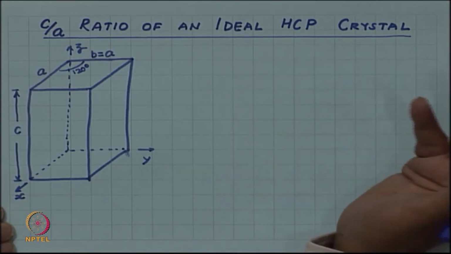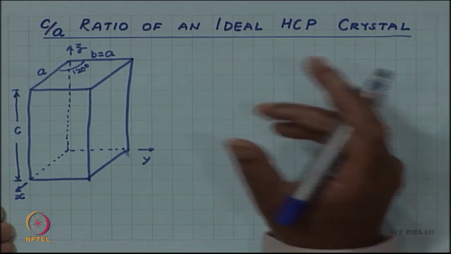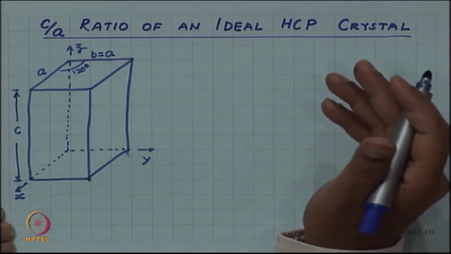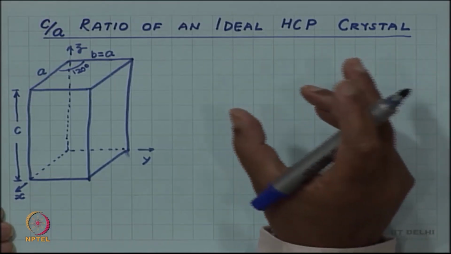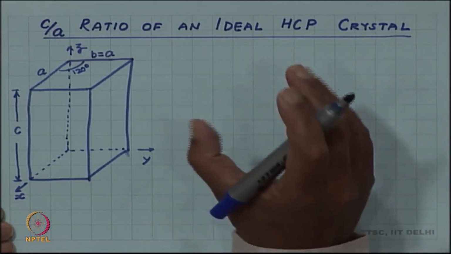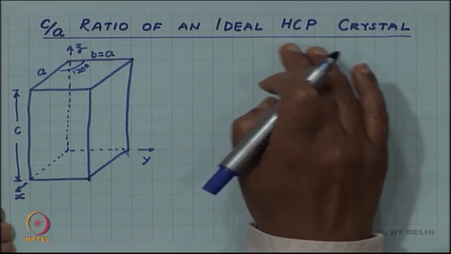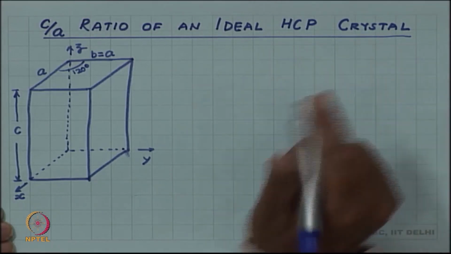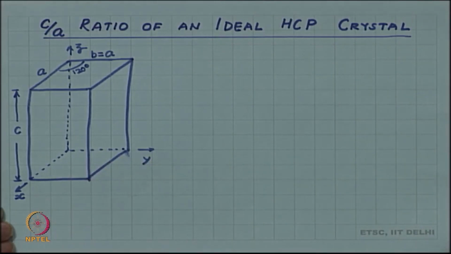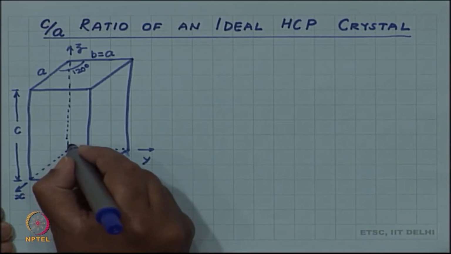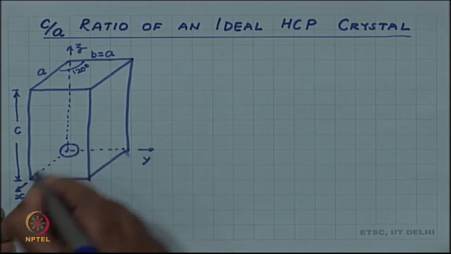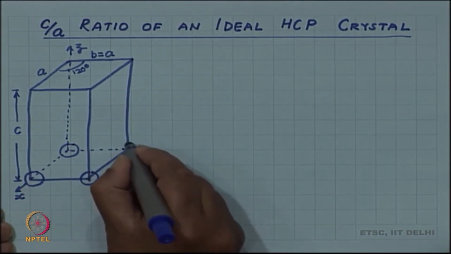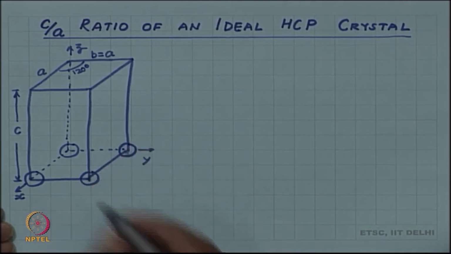Now, in a normal hexagonal unit cell, the C and A can have any value and C by A ratio can have any value. Based on hexagonal symmetry, there is no restriction, but hexagonal close packed crystal is a special structure, as we have seen, with the AB stacking sequence of atoms. So, the A atoms are the atoms located at the corners of the unit cell.